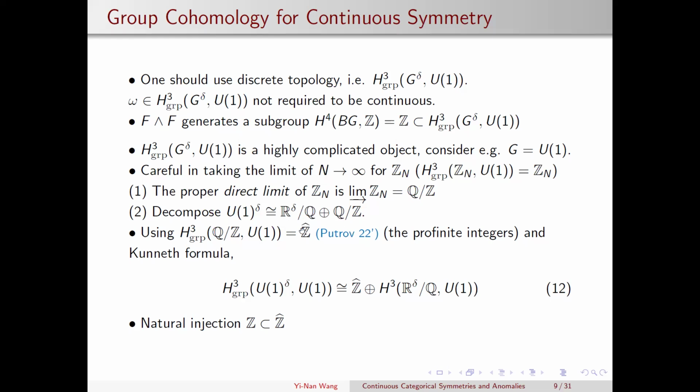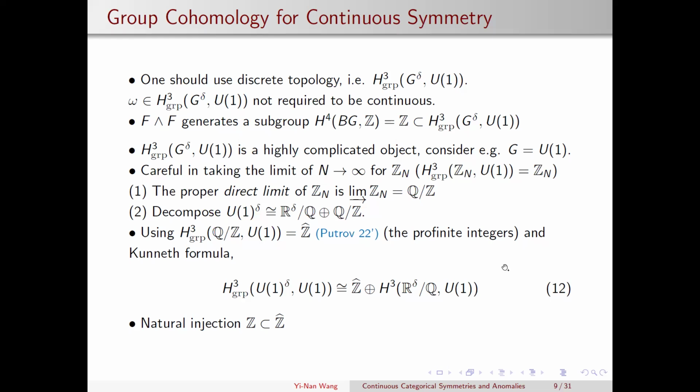Roughly speaking, you can think about U1 delta as a direct sum of an infinite dimensional vector space of Q mod Z with a very exotic group called R mod Q. For the Q mod Z part, as you can review from Pavel Putrov's nice paper on the Q mod Z symmetry, the group cohomology for Q mod Z equals Z hat, the profinite integers, which is the completion of the integer group Z that contains all the Zn as proper subgroups.